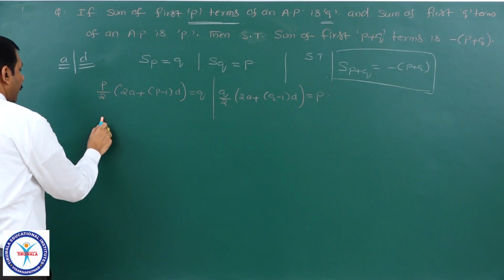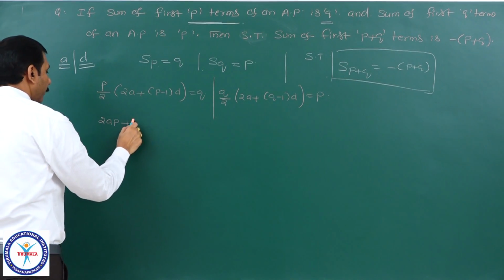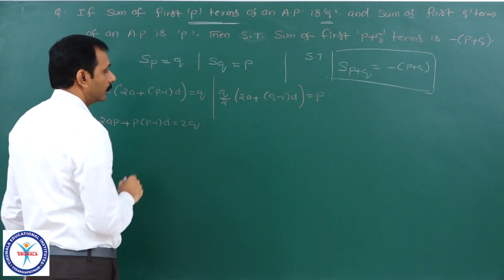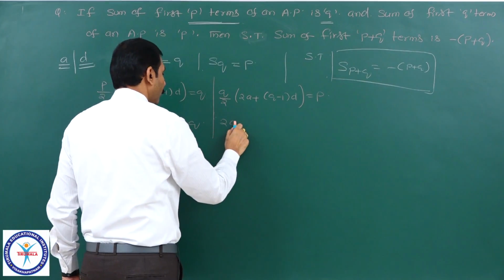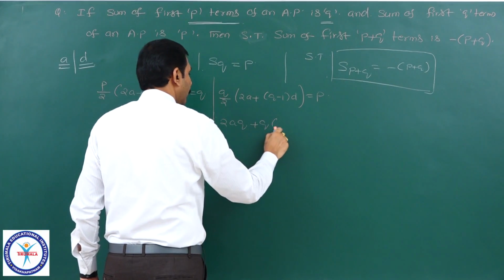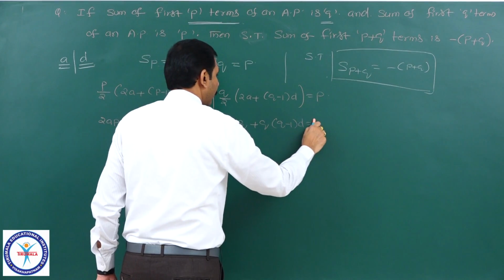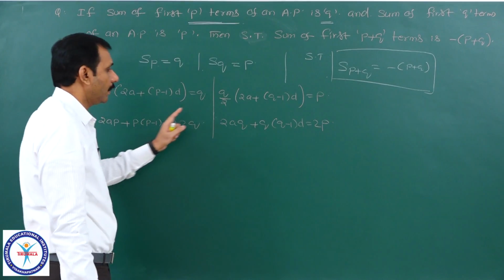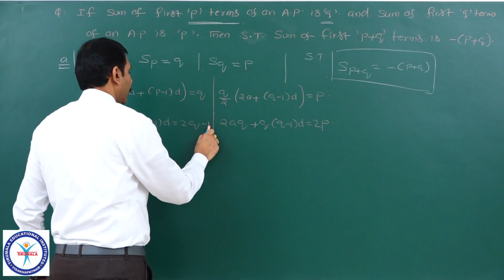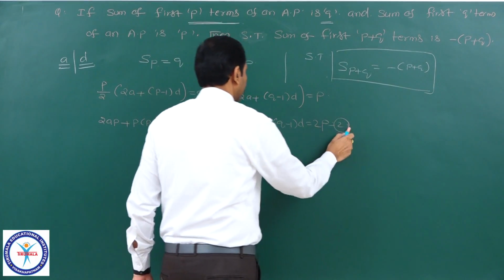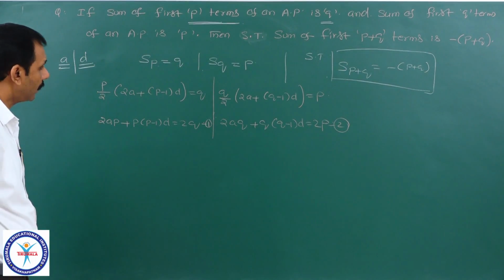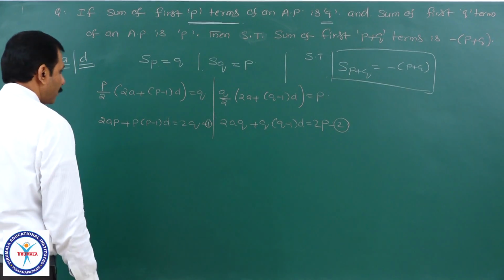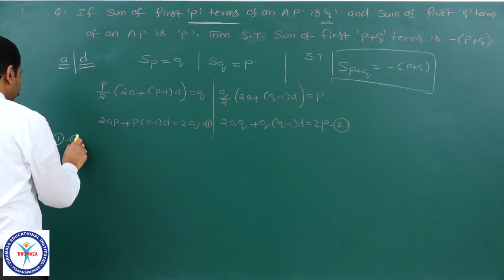This can be written as 2ap plus p into (p minus 1) into d is equal to 2q, and 2aq plus q into (q minus 1) into d is equal to 2p. Take the first as equation 1 and the second as equation 2. Now I will subtract the two equations, 1 minus 2.